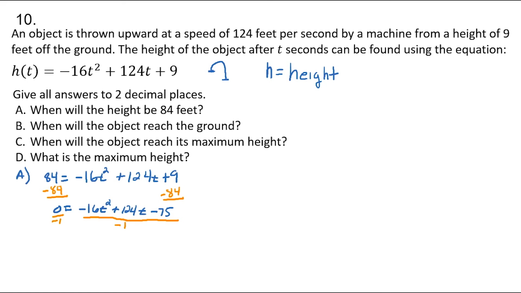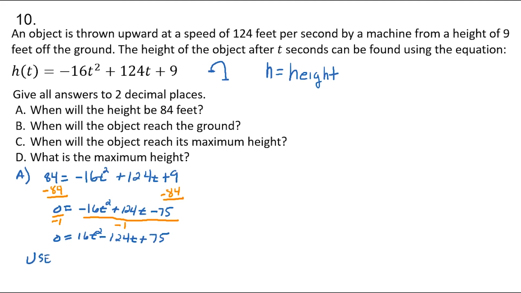Technically, to be correct, you have to do the same thing to both sides, but 0 divided by anything is just 0. So we end up with 16t squared minus 124t plus 75.